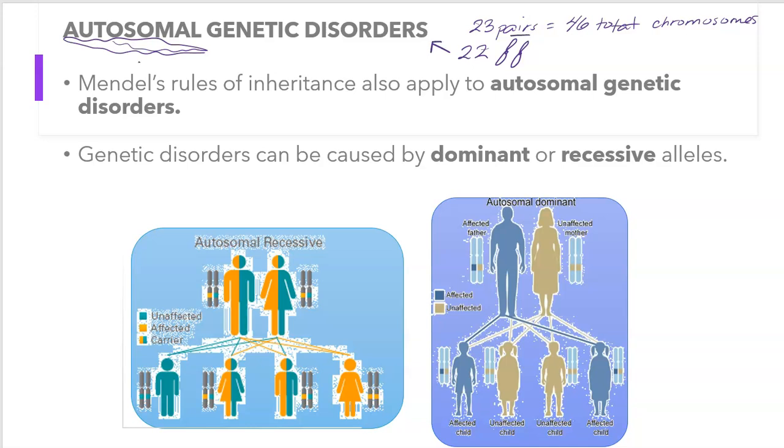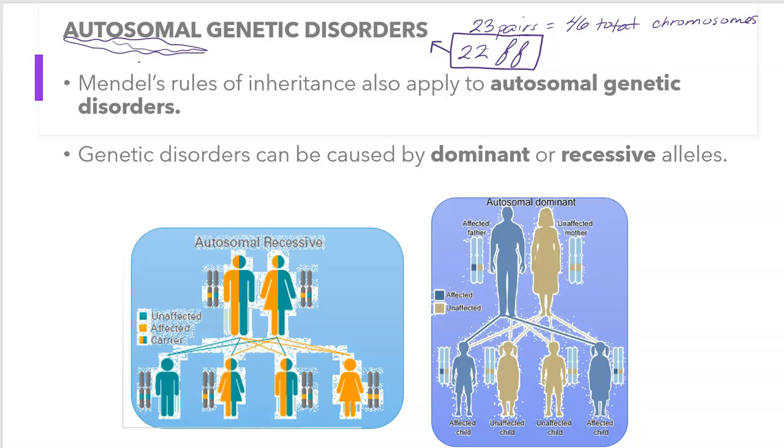These code for some genetic disorders, some characteristics and traits that we talked about in class, like freckles or no freckles, and our hair color, our eye color, blood type. All that information will be found on our autosomal chromosomes, or these 22 homologous pairs. Again, one from mom, one from dad.